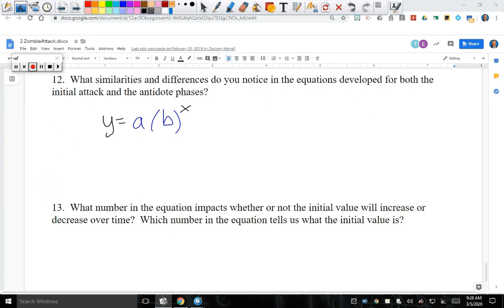But one of them was increasing while the other one was decreasing. The one that was increasing was because B was 3. The one that was decreasing, because B was what? B was greater than 0 but less than 1. It was between 0 and 1. Still positive.